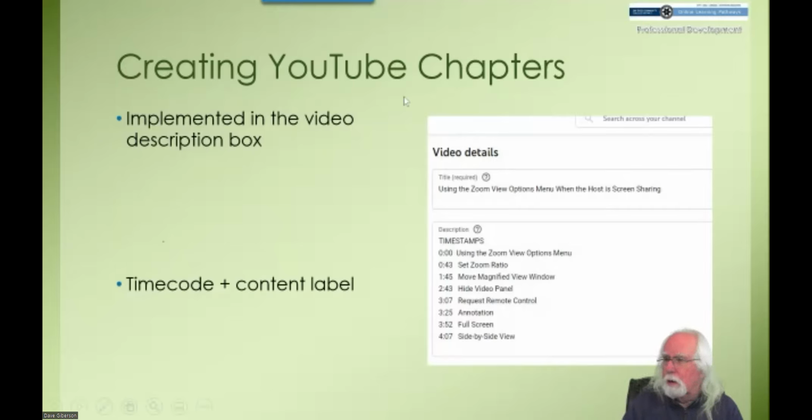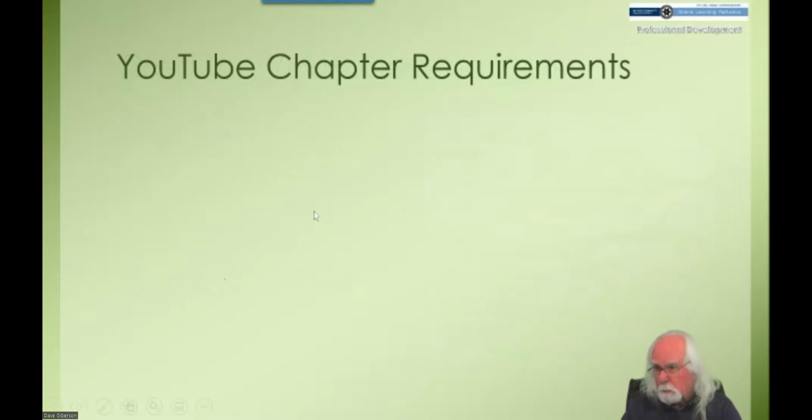So these YouTube chapters are created by entering into the description field here a time code and a content label, a few words that describe what's going on at that point in the video. There are a few specific requirements.